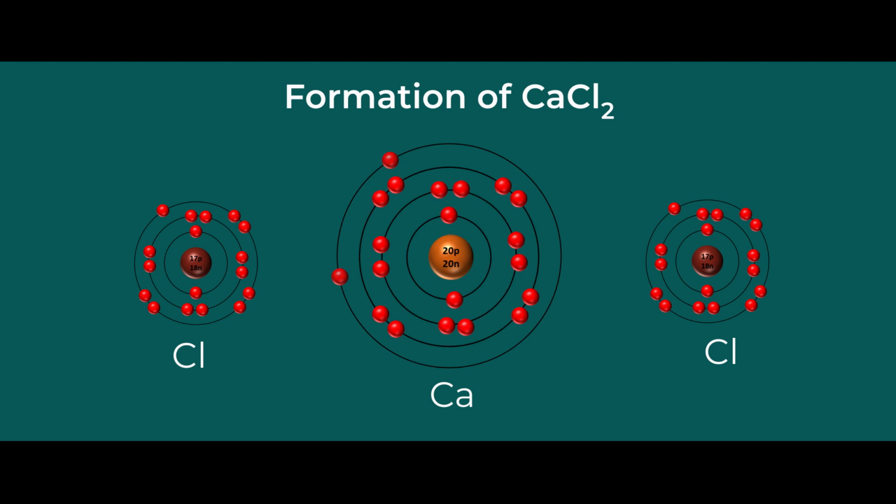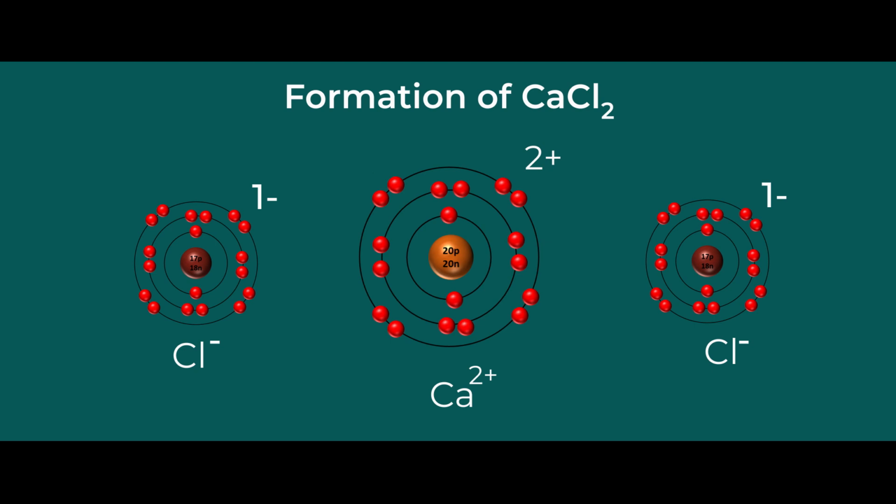So when calcium loses 2 electrons, it becomes positively charged with 2. Because 2 electrons are lost, calcium will have 2 extra protons. And 2 atoms of chlorine, after gaining 1 electron each, will become negatively charged with extra electrons.